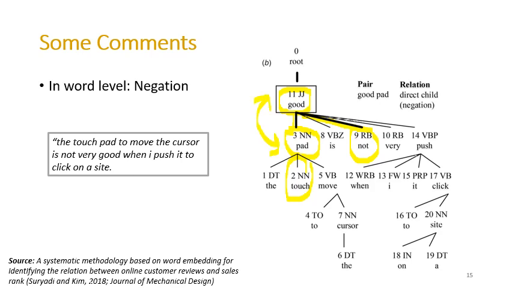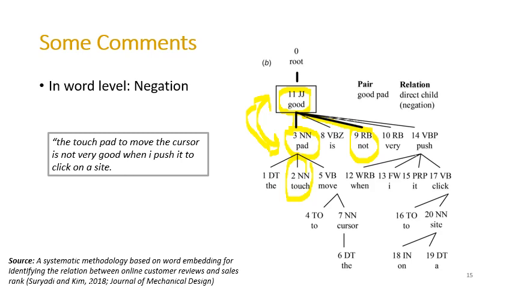Okay, so the dependency tree is one of the most accurate ways, I will say, to see whether the negation negates the relationship that we're looking at. In this case, the relationship I'm looking at is good and pad, and based on the tree, I can see that the word not negates that relation.